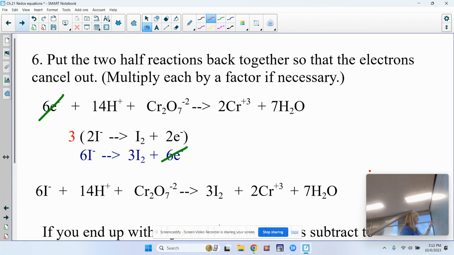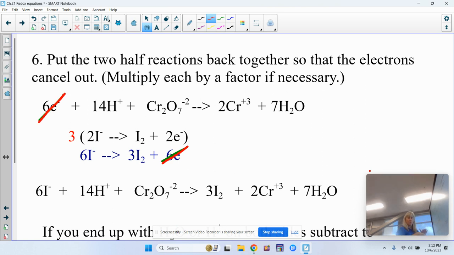So 3 times 2 gives 6I minus, 3I2, and then 6 electrons. Then I will have 6 electrons on the reactant side of the one and 6 electrons on the product side of the other, and those cancel. That's the only thing that cancels in these two.